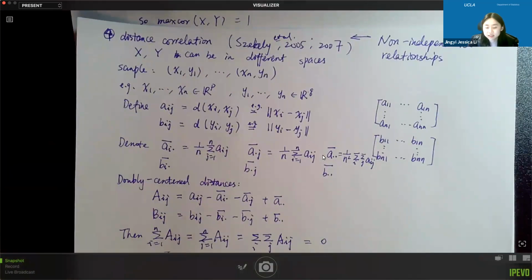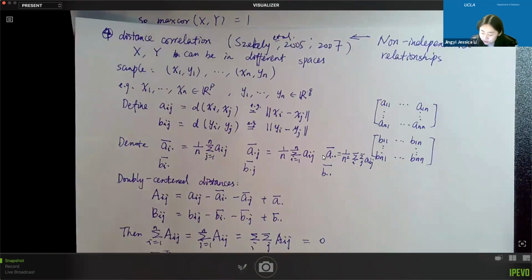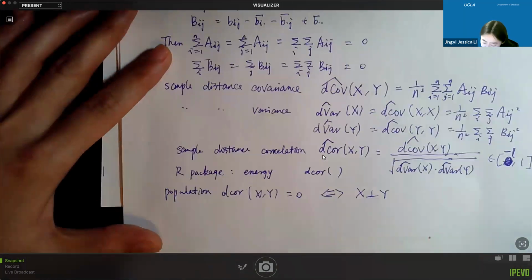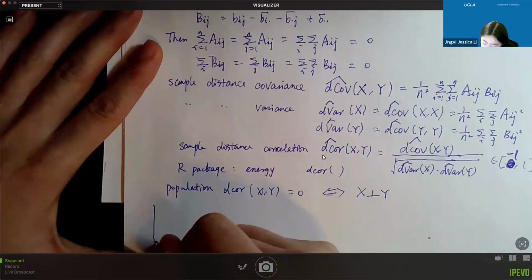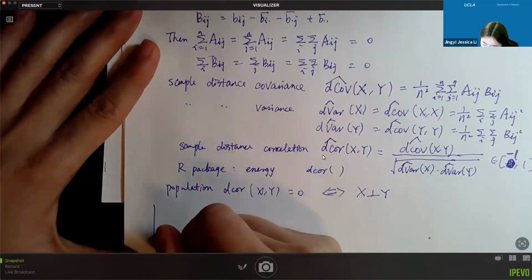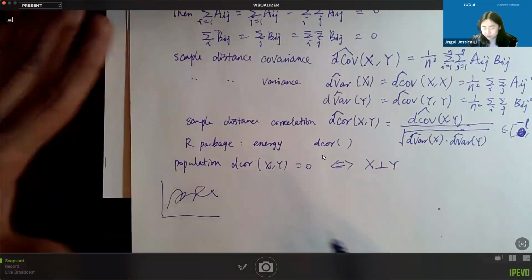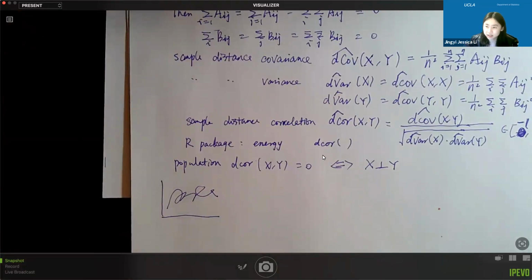But clearly you can see the issue is that some relationships are not easy to interpret. So for example, let me just randomly make one up. If I have a relationship like this and data points come from here, it's not something we can easily interpret, but it is not independent.